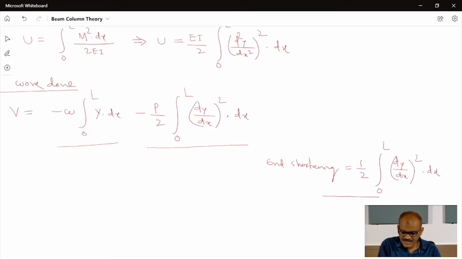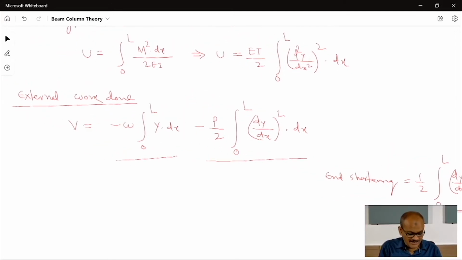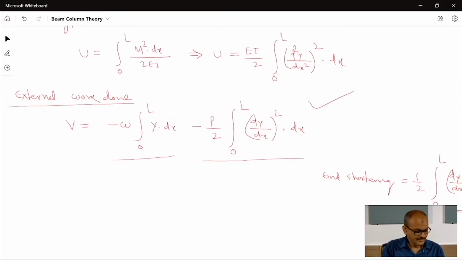When this end shortening is multiplied with load P, we get the work done. So, that has been done here. This is the strain energy stored, and these two things are the external work done.